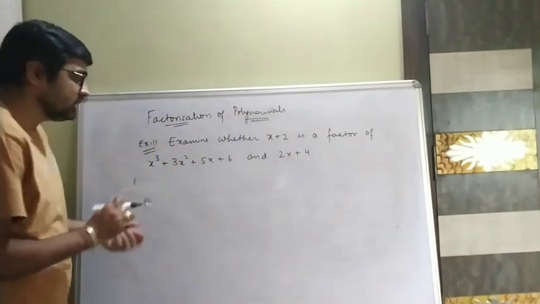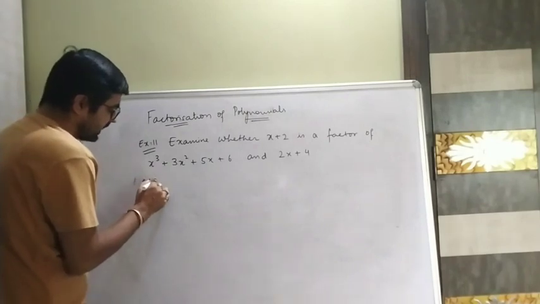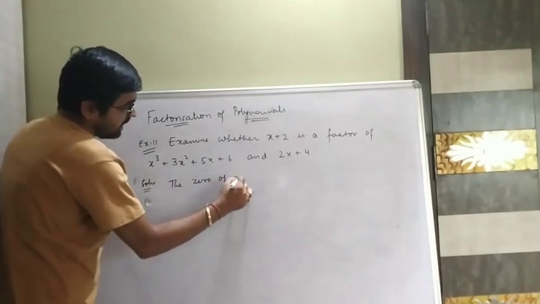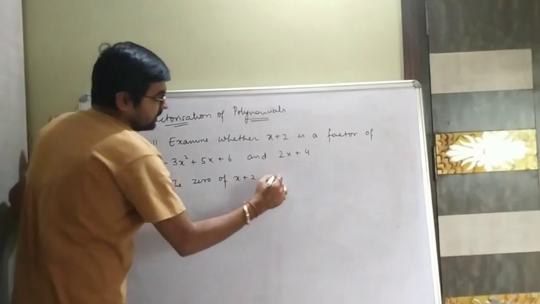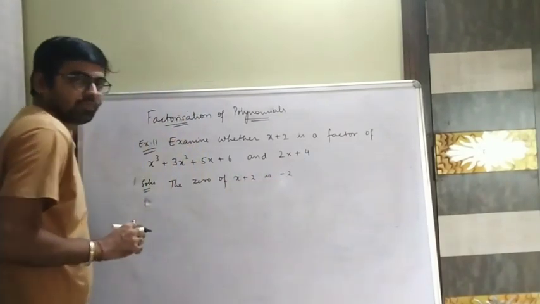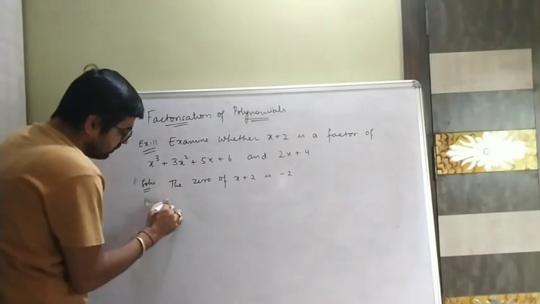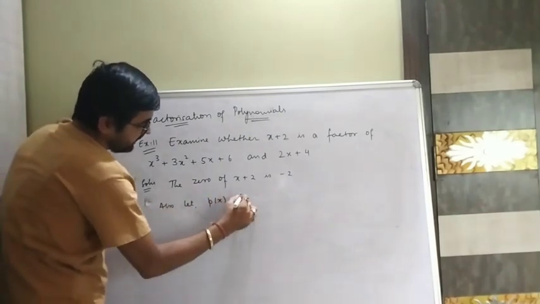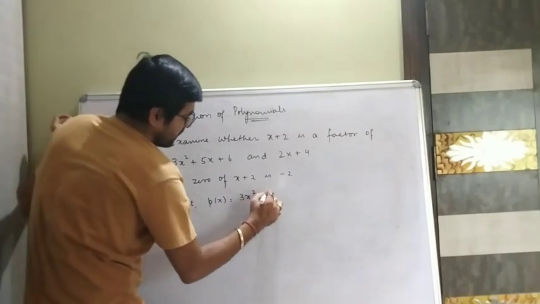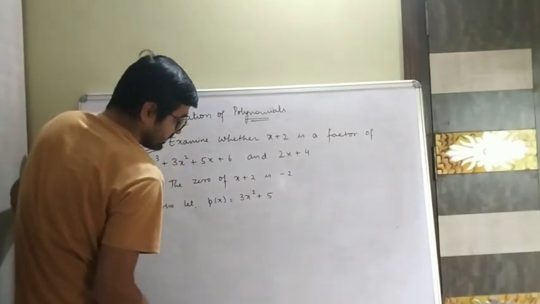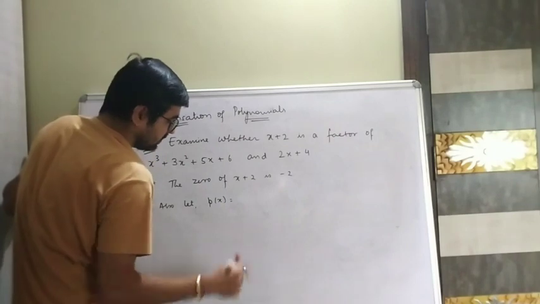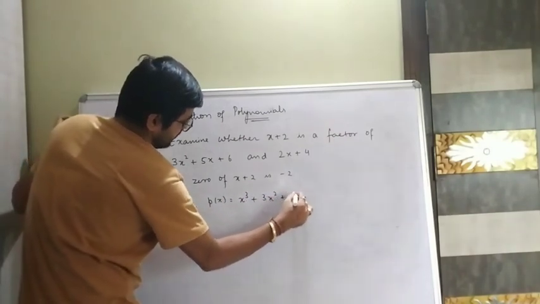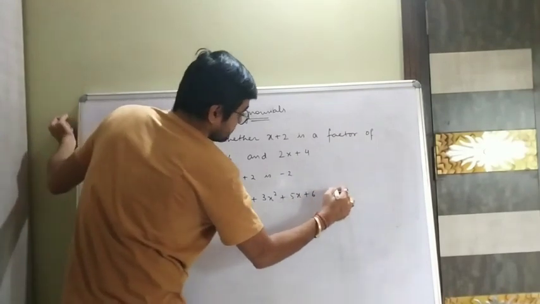Now how can we do this? First of all, the zero of x plus 2 is minus 2. Simple. Also, we'll let the given polynomial be p of x equals x cube plus 3x square plus 5x plus 6.